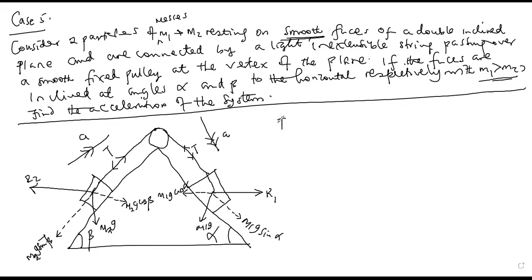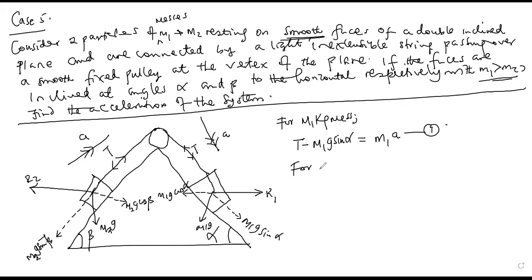Now, if you look at the m1 kilogram mass, it is this force m1g sin alpha which is counterbalancing the T, because it has to accelerate downwards, meaning this force is greater than this. So it will be T minus m1g sine alpha, that is our force, is equal to ma, where m is m1 times acceleration.